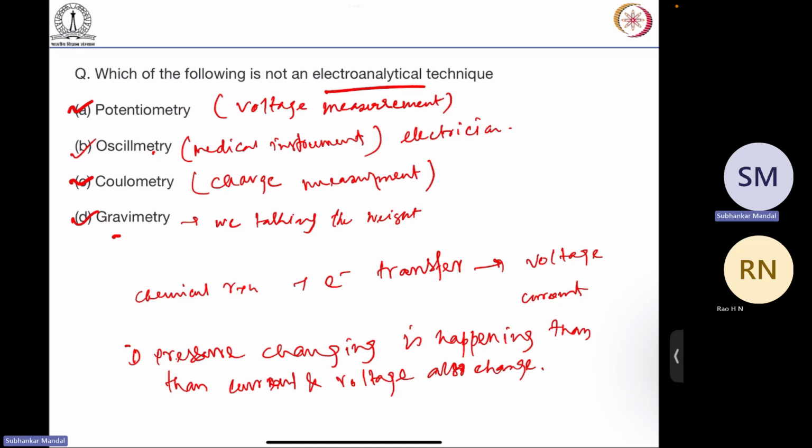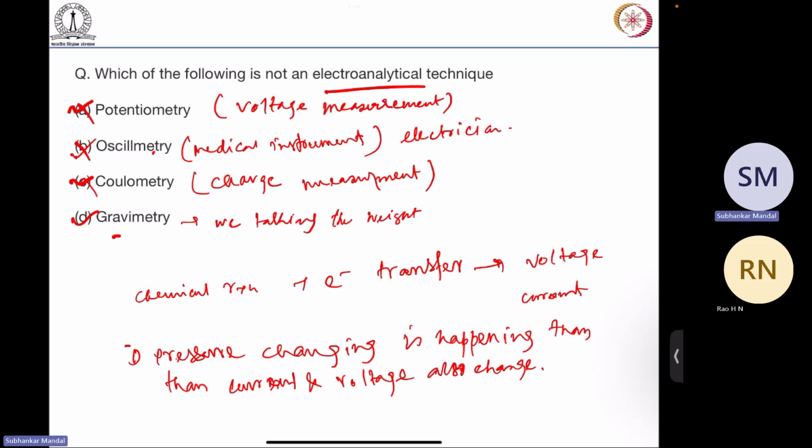These three are electroanalytical, but in gravimetry you are taking the weight, and no electron transfer happens. So the answer is gravimetry.